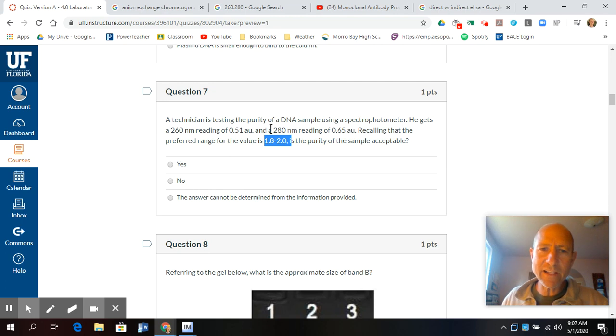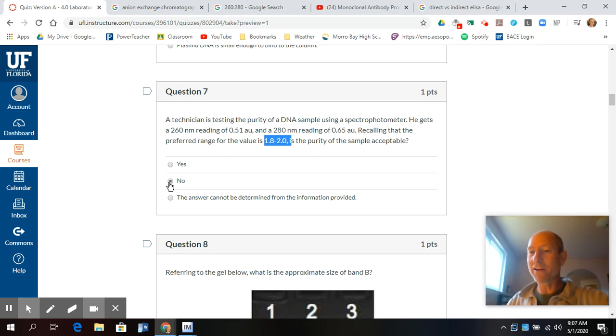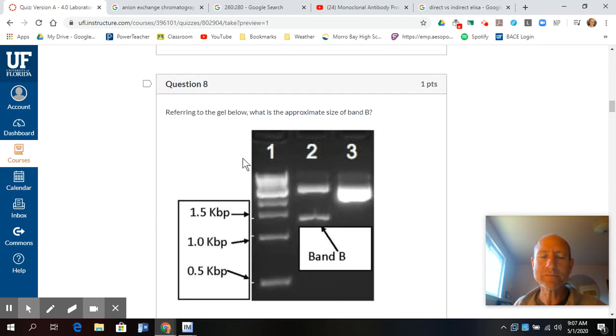And 0.78 is less than 1.8. So we're going to say no dice. You could have got lucky with this one and just seen that these numbers are smaller than 1.8 and just said no, and you would have gotten it right. But maybe on the real test, you're going to have to divide those two numbers. Just divide 260 by 280, and that's your number.